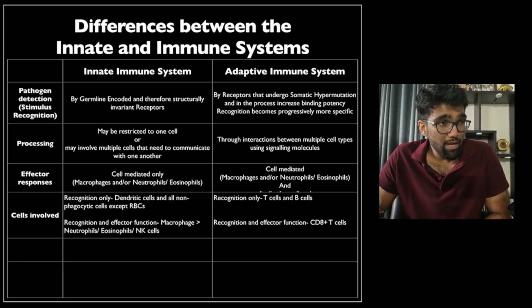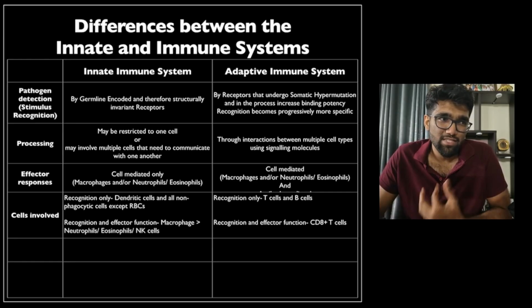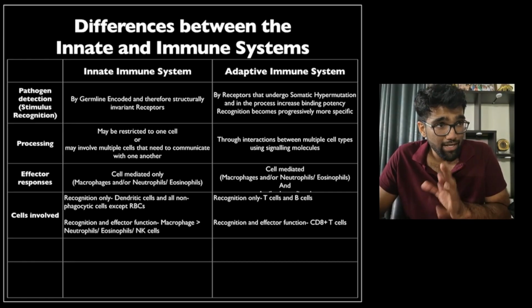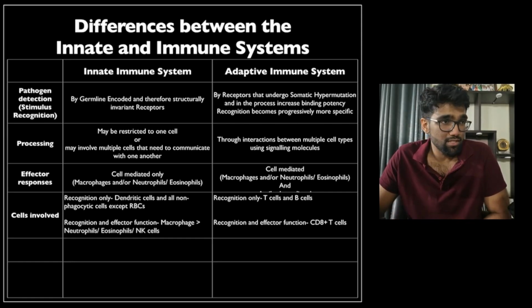Then, in the case of the adaptive immune system, the recognition is only by T cells and B cells. Now, this is with the help of a macrophage or a dendritic cell or any other cell which is able to process the molecular proteins of the antigen and express it on their surface. We'll discuss the molecular details of that later. The recognition and effector function in a cell-mediated manner is only by CD8 plus T cells.